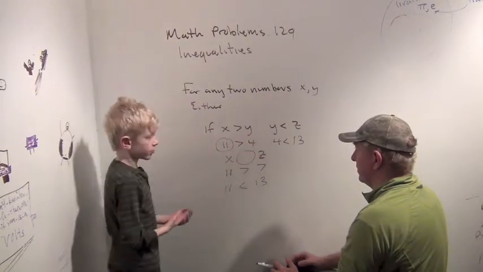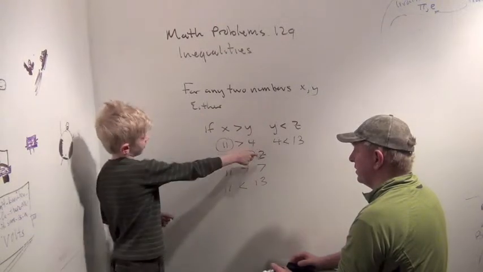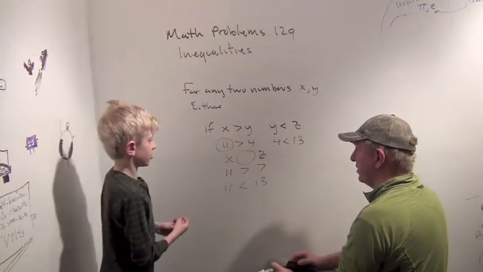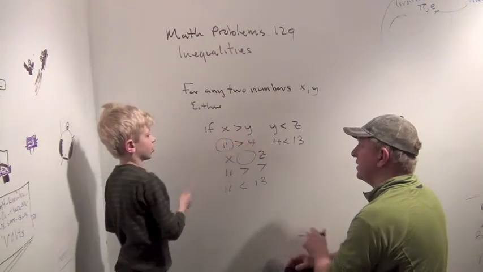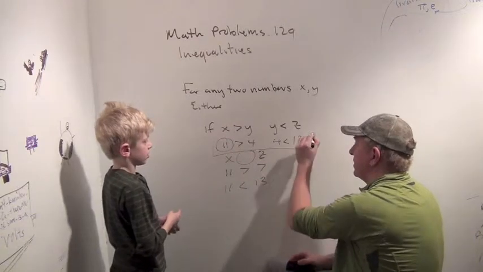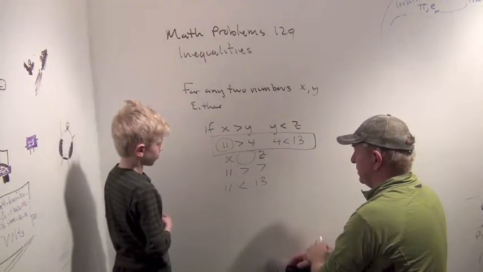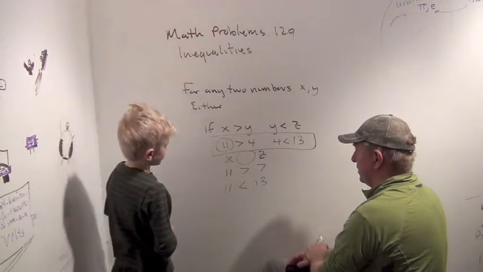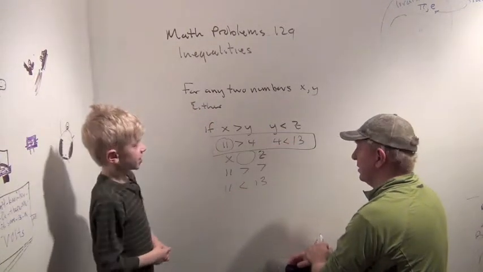Then you have to raise z to 11. Which is z on the board right now? Can you point to it? In that line there, z is 13. Very good.